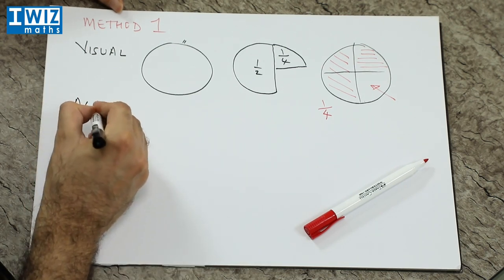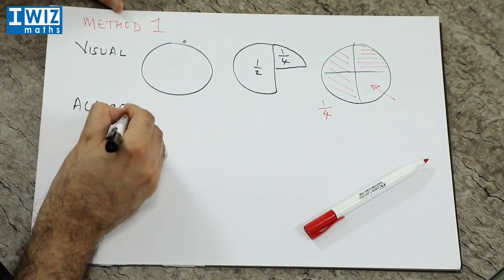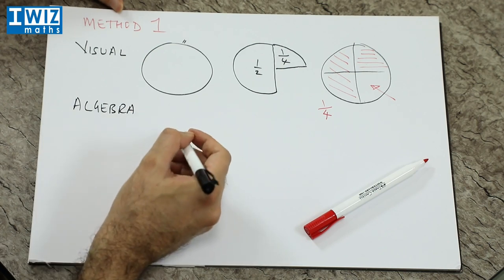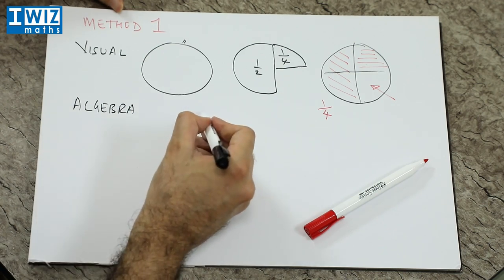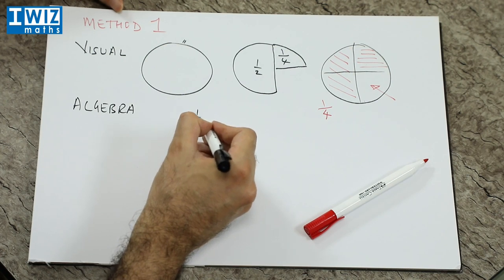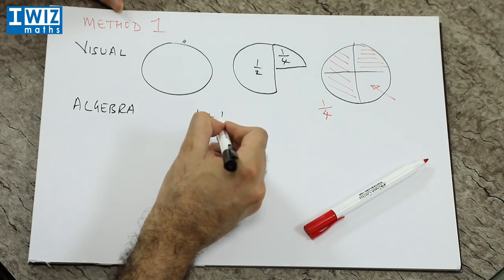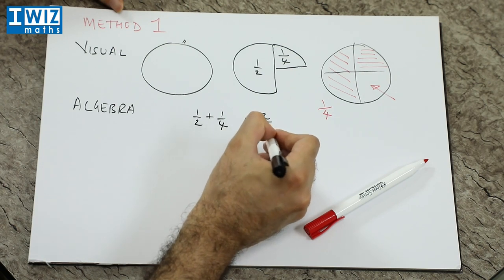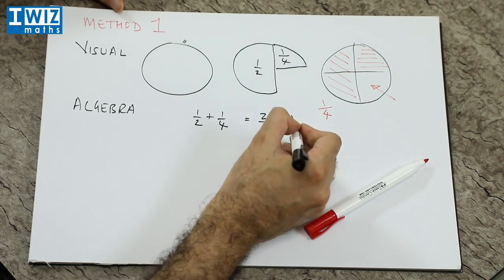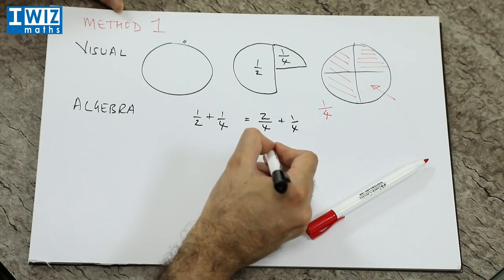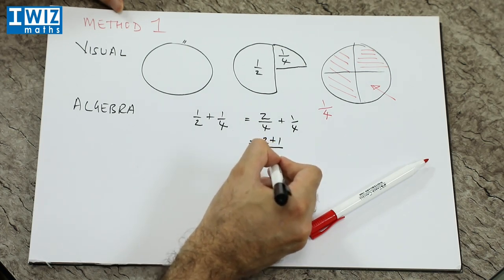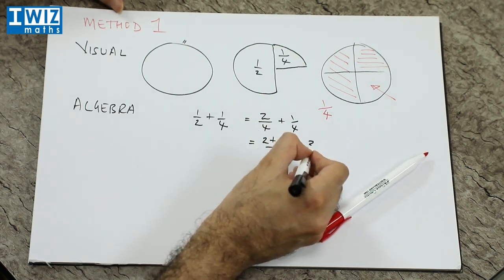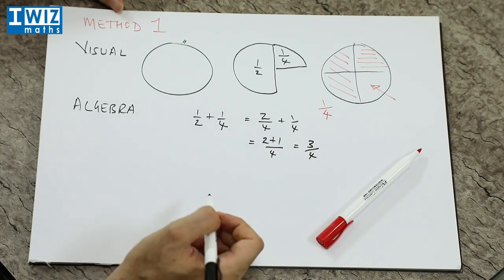So if we look at algebra, then what we are doing here is saying that first we will add up 1/2 plus 1/4, which is 2/4 plus 1/4, which is (2 plus 1) divided by 4, which is 3/4.